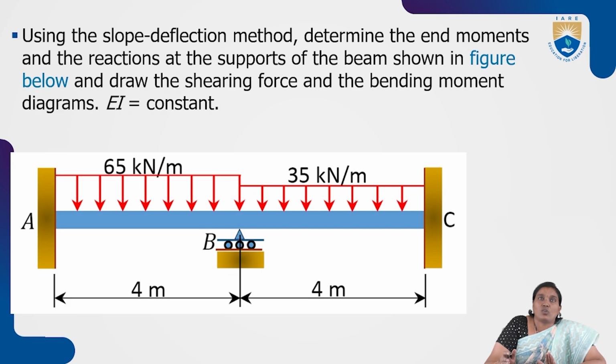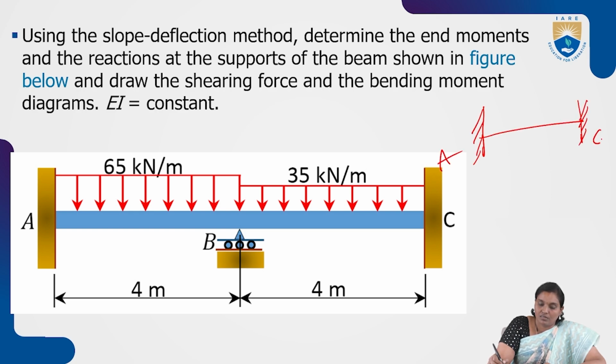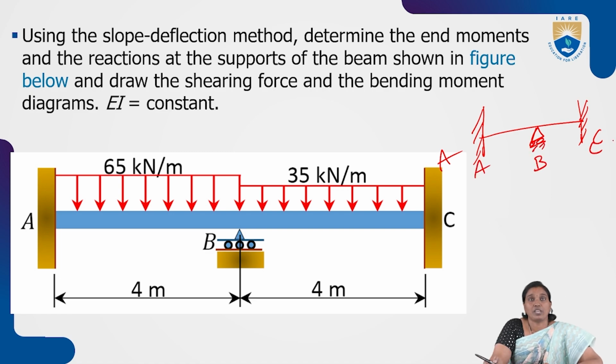This is one of the methods we are going to consider, using it for determining the end moments and reactions of the beam, which is shown in the figure. Here both ends are fixed and this one is the roller support. So A, B, C, this is the continuous beam.